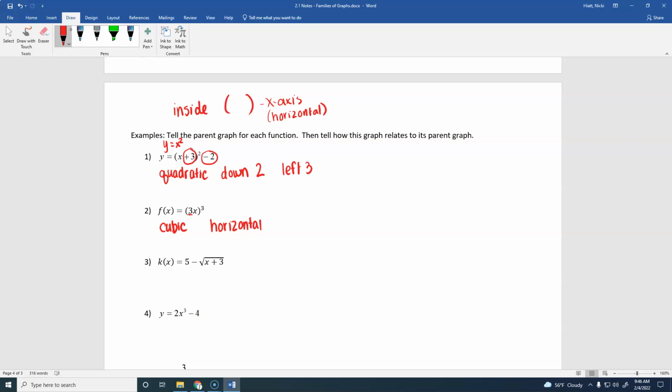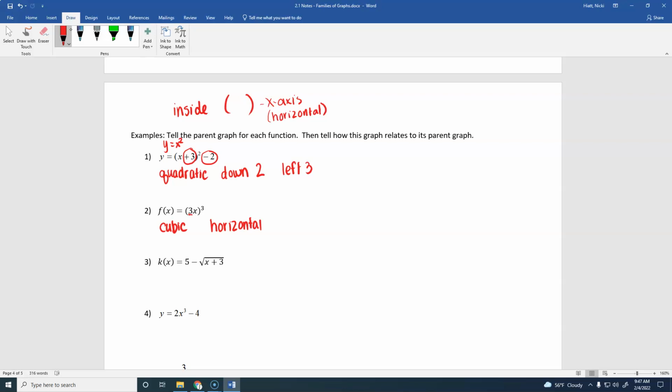Usually kids are better at that. But the stretches and shrinks are what's really hard. If it's inside, it's still x-axis, so it's horizontal. Then everything on the inside is backwards. So if you have a big number, and when I use that generic term big number, I mean something bigger than 1, it's actually going to do the opposite of make it big. It's going to make it small.